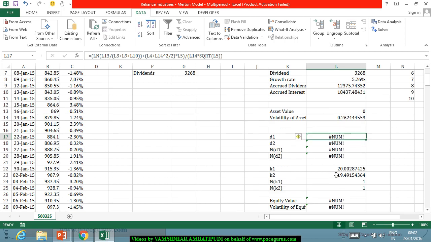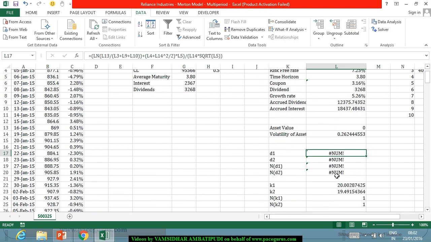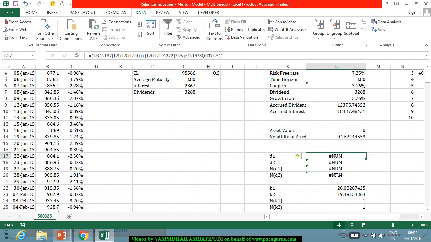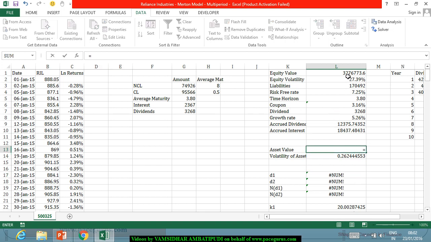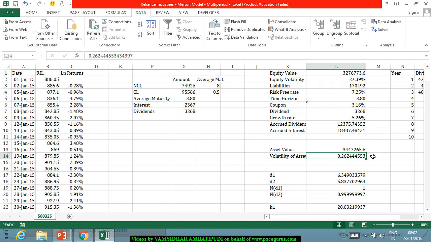Why did this go wrong? Log for the asset value, why did it go to 0? Equity value plus the liabilities. Alright.